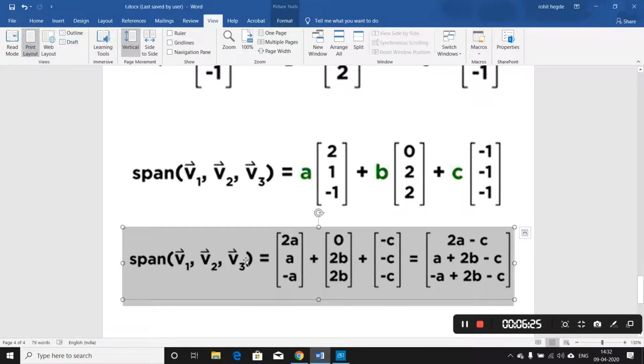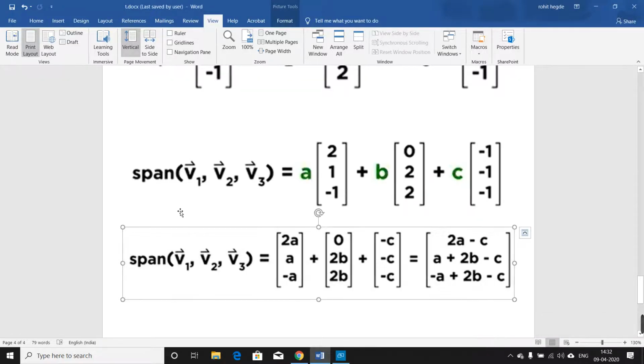Actually, the given vectors are always in the vector space, so that's not the main thing. The main thing is that the span of any vectors should be a subspace. But the vectors themselves may not form a subspace. That means the span should always be a subspace.